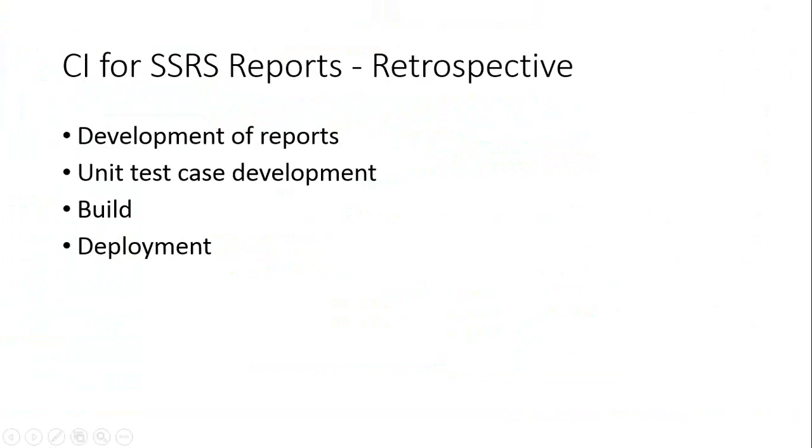We have also developed the unit test cases. We built the unit test cases, we deployed, and using NUnit console we were able to run all the unit test cases, and we are comfortable with our release.